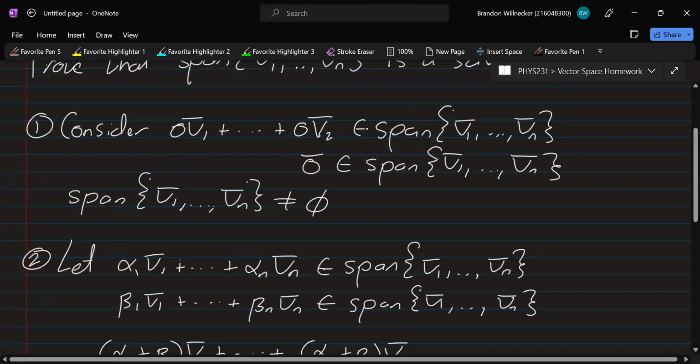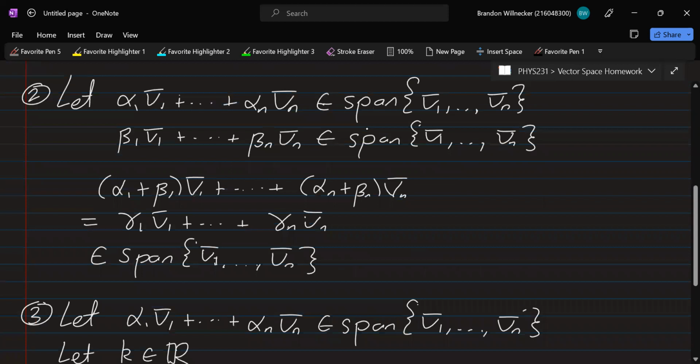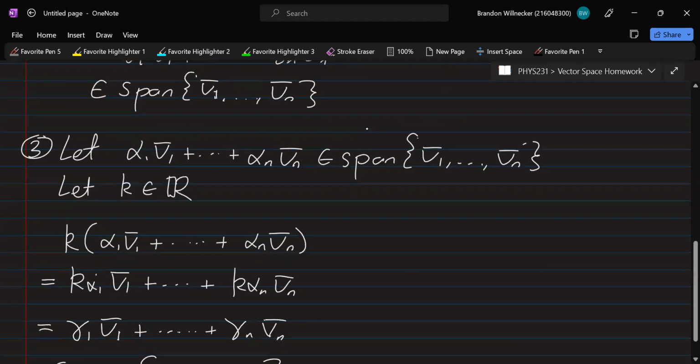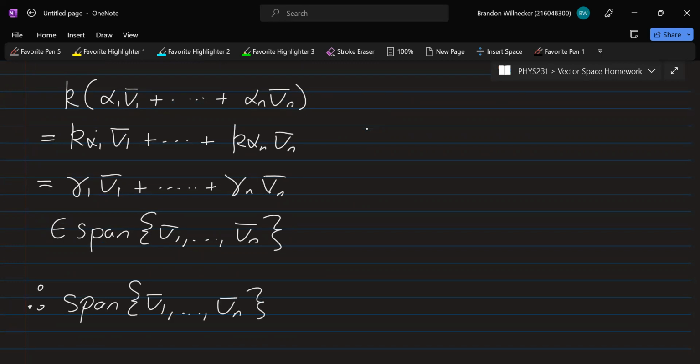So we've shown that it's non-empty, contains the 0 vector, closed under vector addition, closed under scalar multiplication, so it must be a vector subspace. So the span of v1 up to vn is a vector subspace of V.